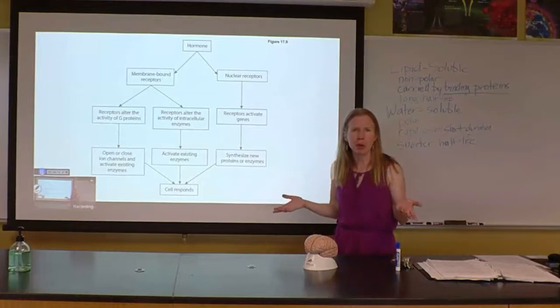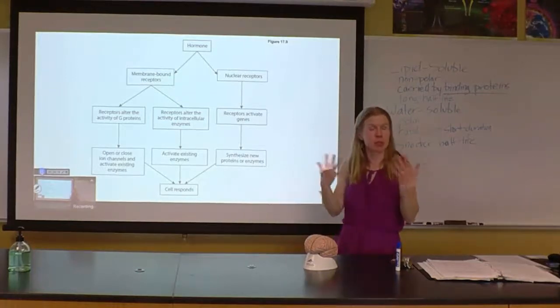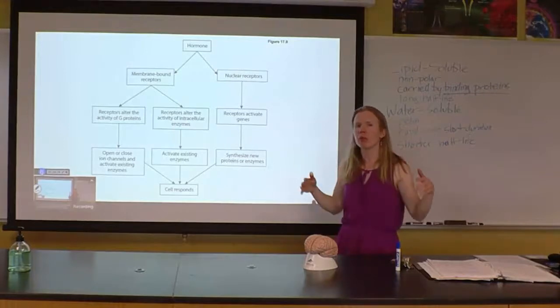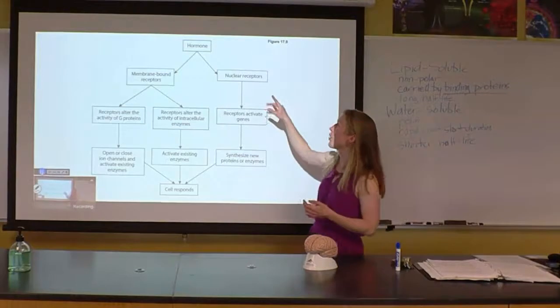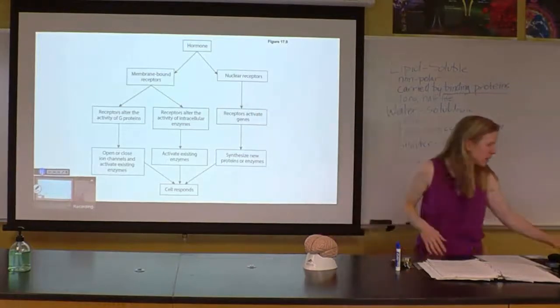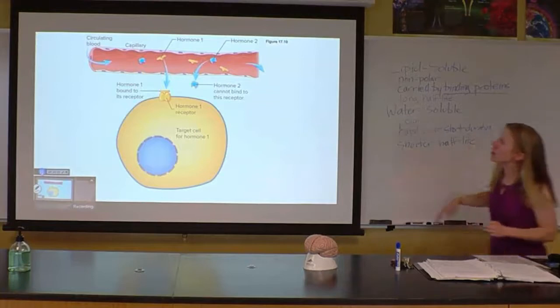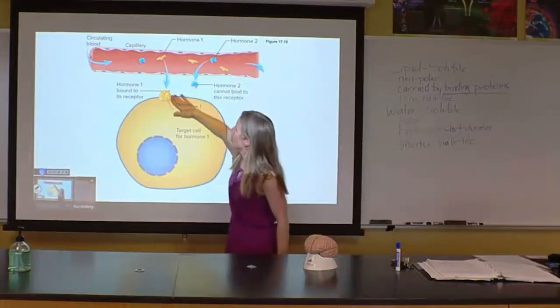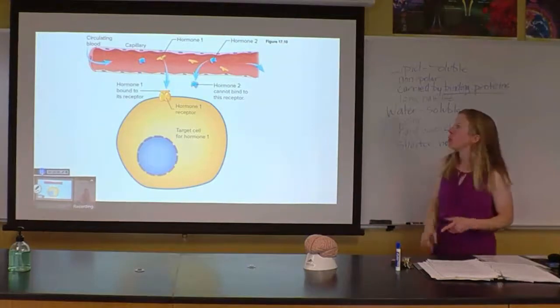Follicle stimulating hormone, right? It's telling the ovaries or the testes to produce more gametes. It's floating through the bloodstream, but it doesn't talk to any other cell in your body because that cell doesn't have the correct receptor. So this is figure 17.10 that kind of shows that, right? So this hormone works on this cell, but this one doesn't. Okay, so that's kind of basic there.